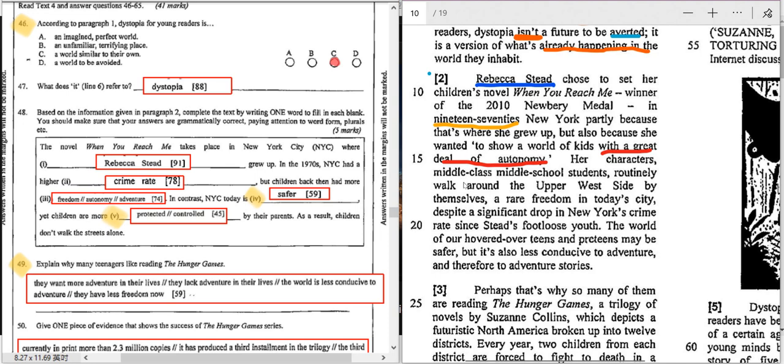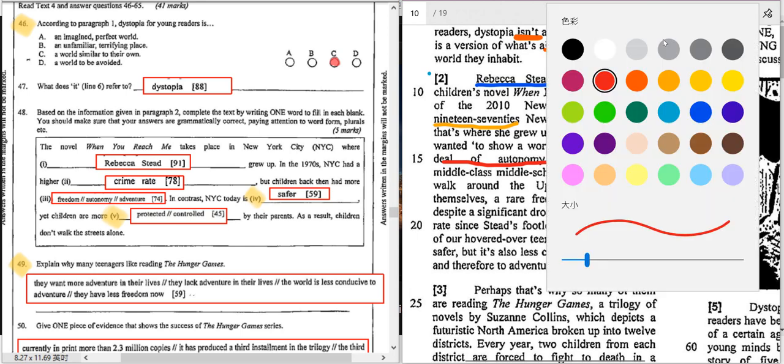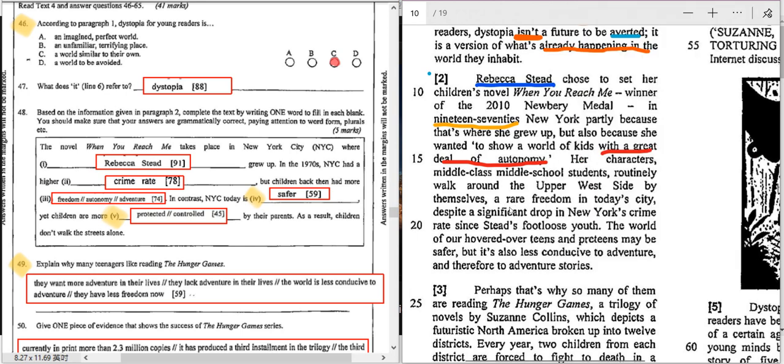So they could walk around. However, these days, right now, it is a rare freedom. So I've marked what used to be in red, in the 1970s, and I've marked in blue what is the reality right now. So the red, in the older days, they had a lot of autonomy.